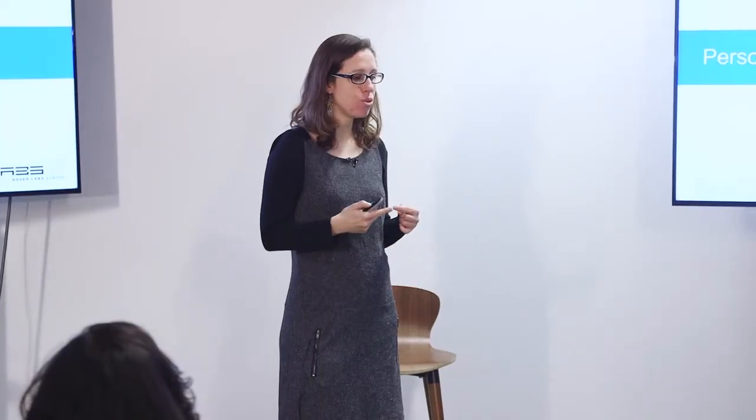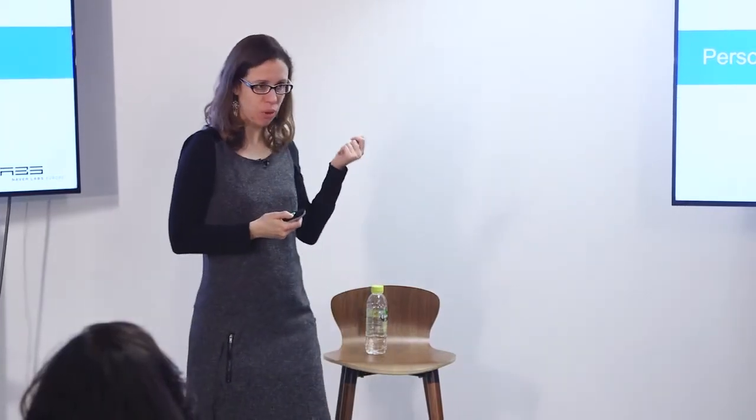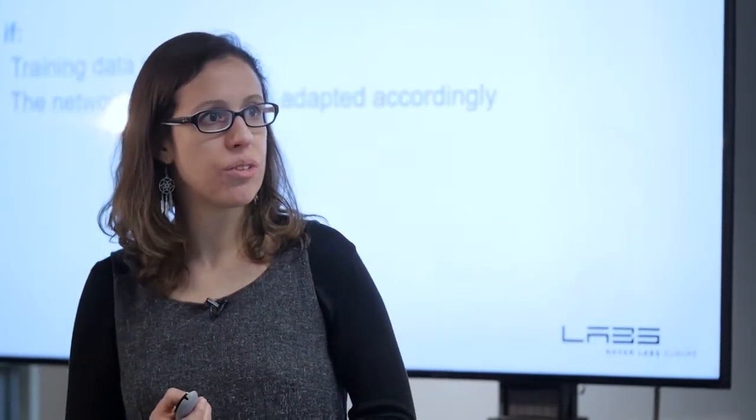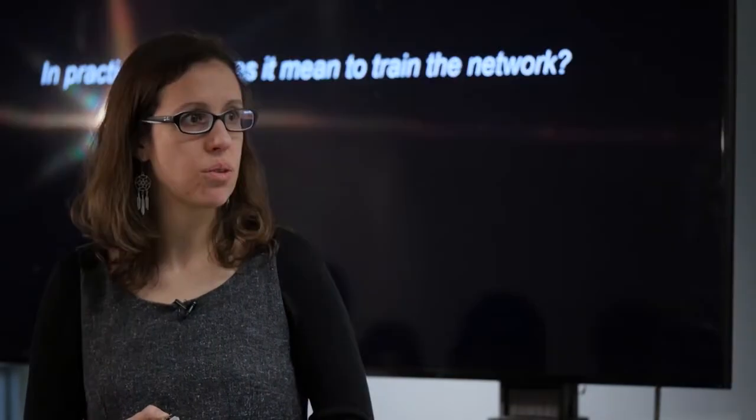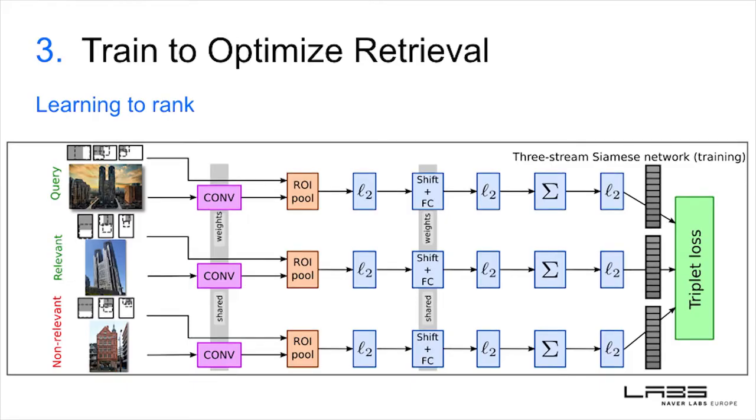Now if we want to go to the details of how to train these things properly, to have a faster convergence, it's a good idea to bias a little bit the triplet sampling and to do something that we call hard triplet mining. If we take randomly any triplet, most of the time the images will be correctly classified. So most of the time the loss will be 0.